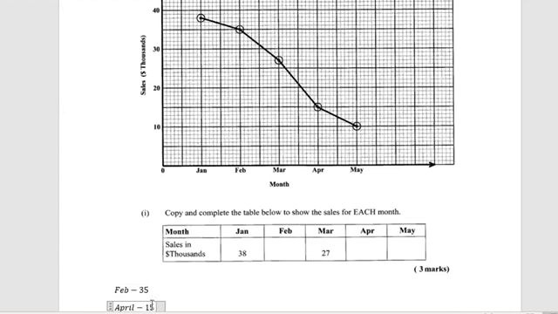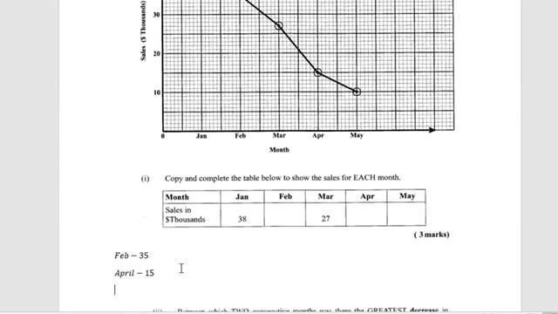And we're writing 35 and 15 in the table because they already have the notation here that sales is in thousands of dollars. And what is my sale for May? 10,000. And you get your 3 marks right there.